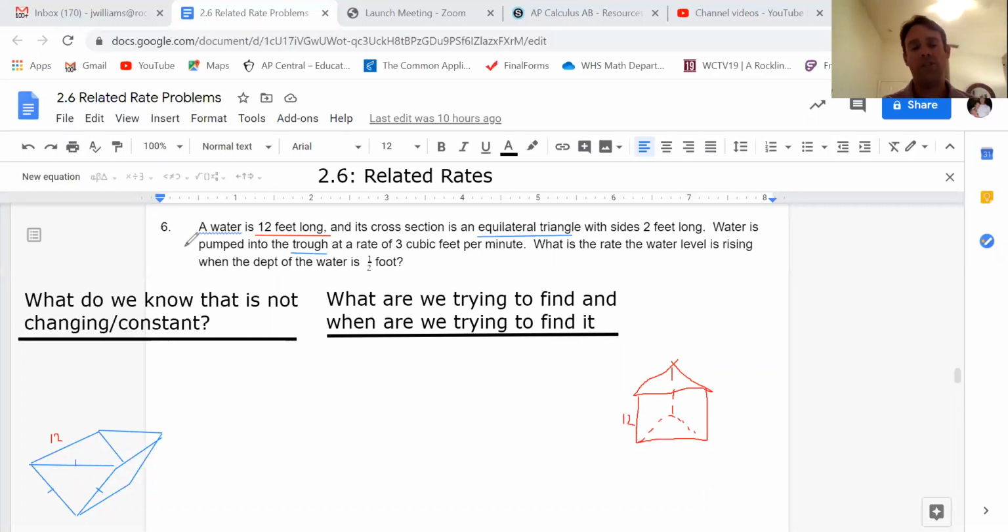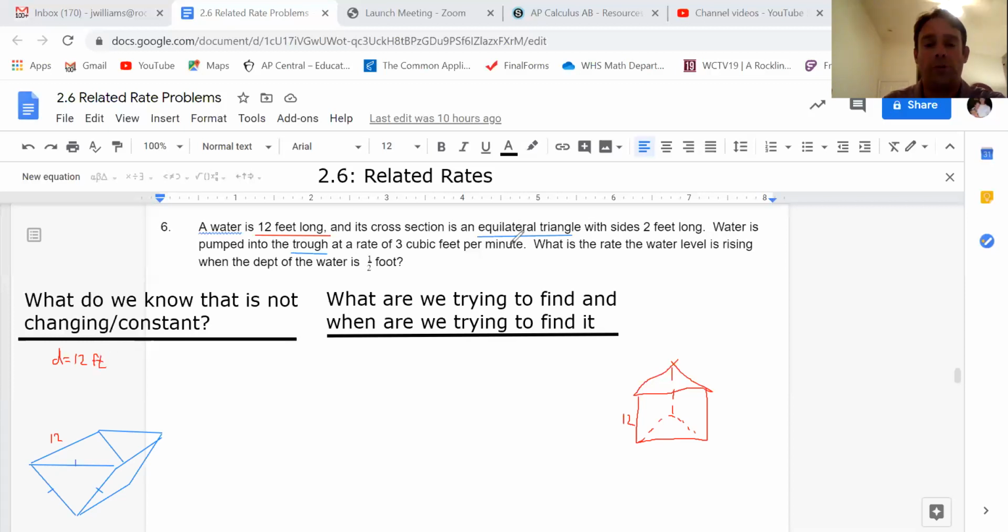That 12 is the height of this prism. So I'm going to let that be my h value. That's a constant value. Now, let's not call it h. Because I see a triangle here, let's let the h be the height of the triangle. So we'll call this thing d for depth. That's never changing. That's 12 feet.